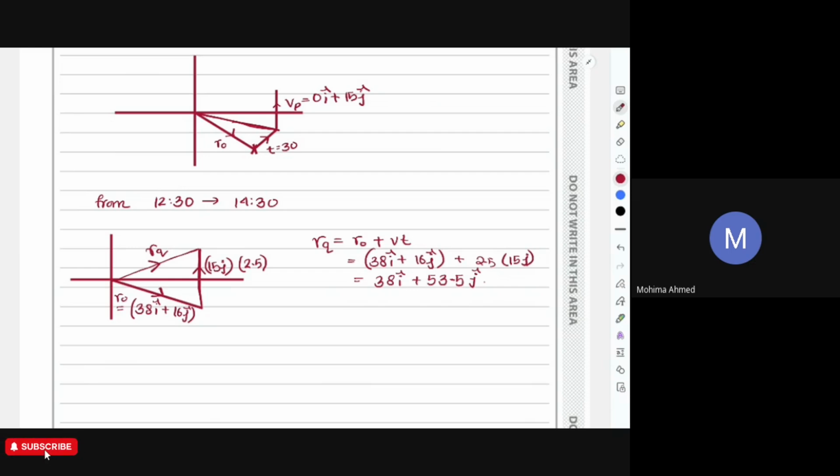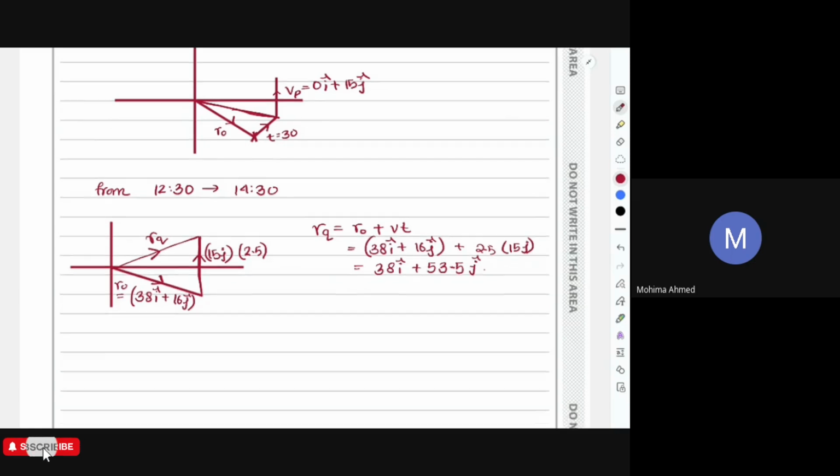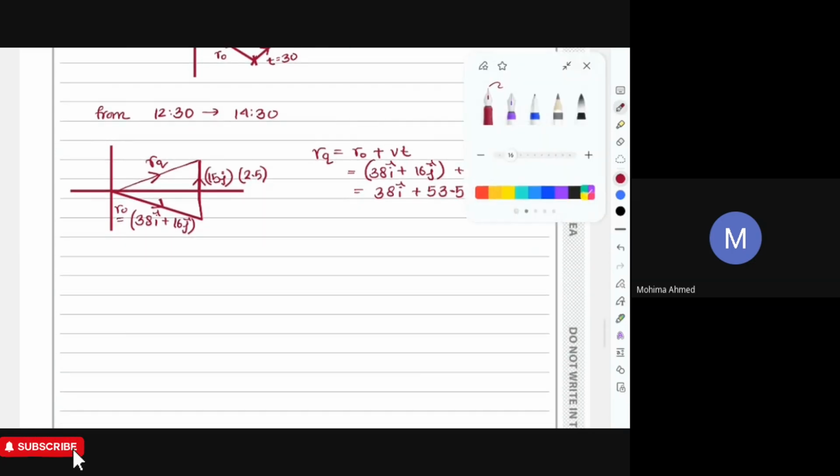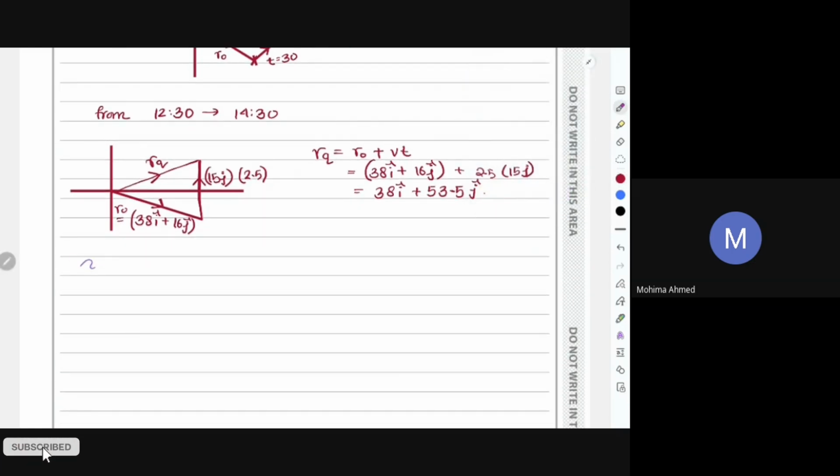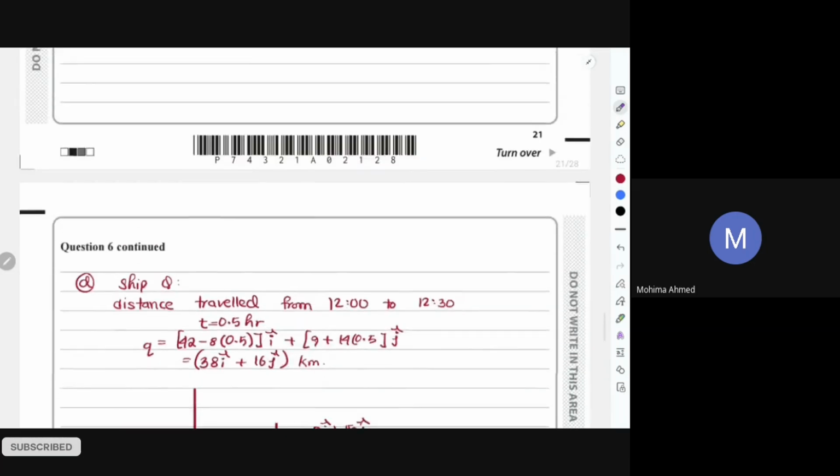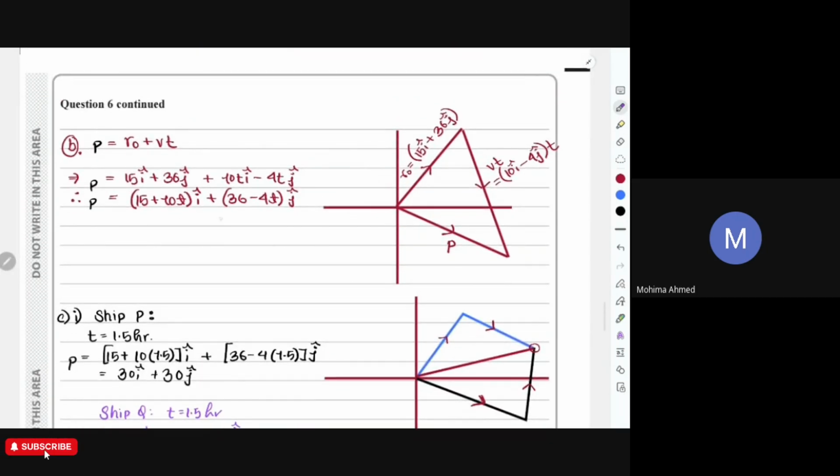Then again, you have to calculate where ship P will be at 14:30. Ship P, by the way, didn't change its direction or speed. So obviously the expression that you calculated over here for ship P, 15I plus 10, 36J minus 4, it will remain like this.